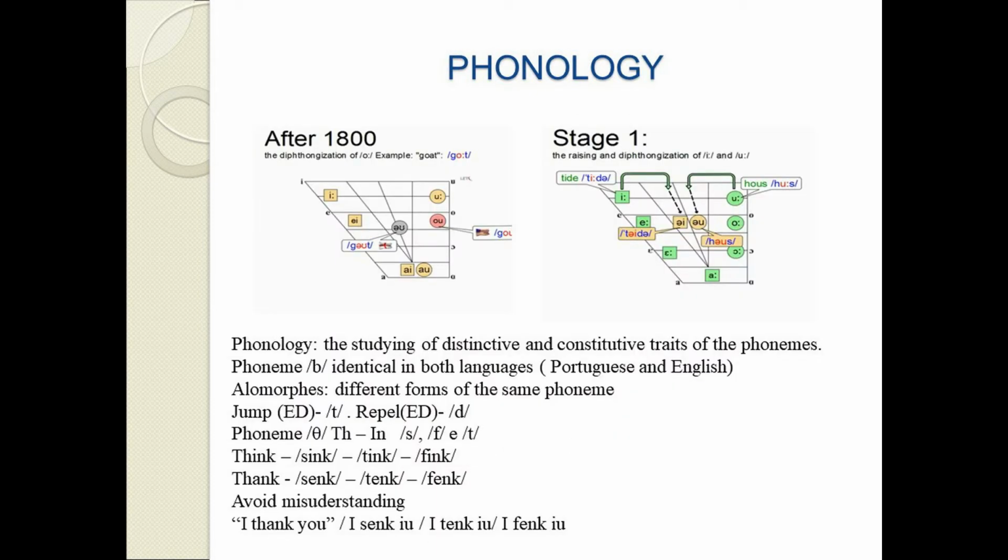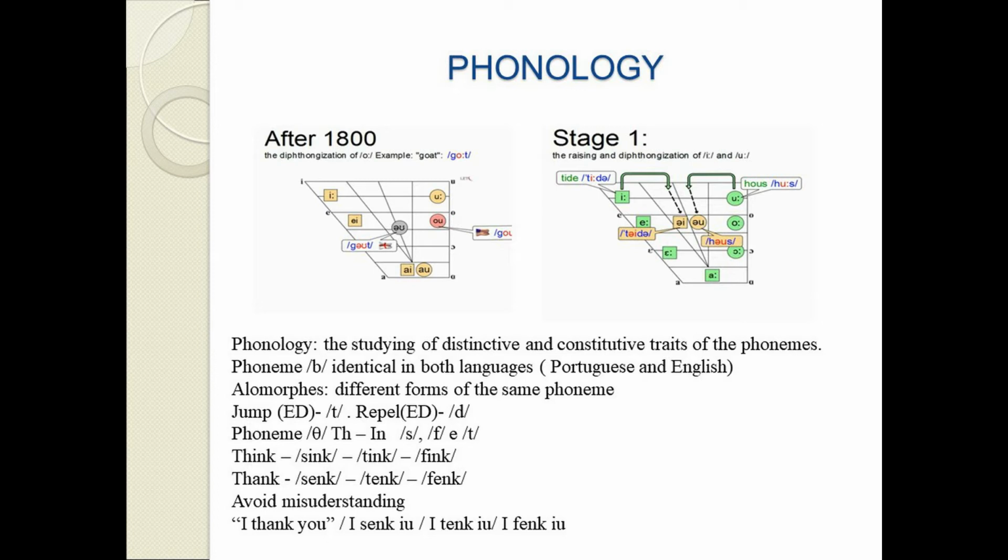So here we also talk about phonology, the study of distinctive and constitutive traits of the phonemes. You know, when a phoneme is different from the other, changing phonemes changes the meaning of what you say, right?